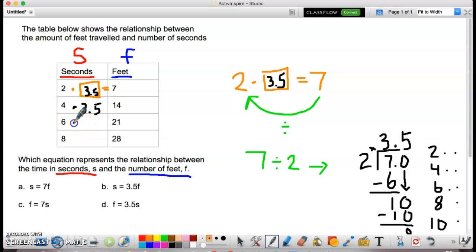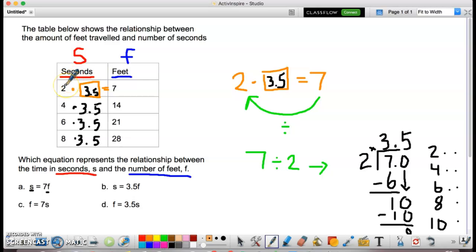4 times 3.5 is 14. 6 times 3.5 is 21. 8 times 3.5 is 28. Okay? But what you'll notice is the equation that we need has the variables, right? S and F. So I need to write my equation just like I did with the numbers, but instead of the numbers, using what those numbers represent. So instead of 2, 4, 6, and 8, I'm going to be talking about what do those numbers represent, and they represent the seconds.